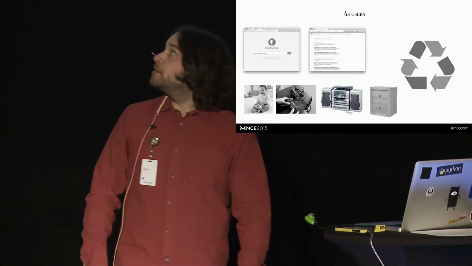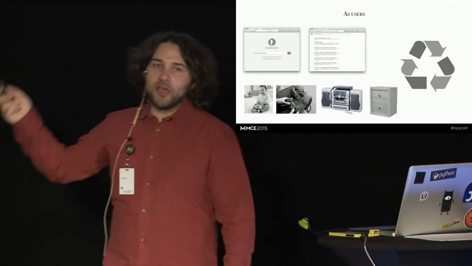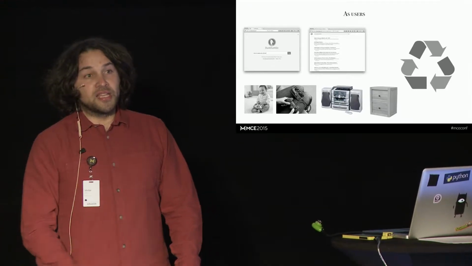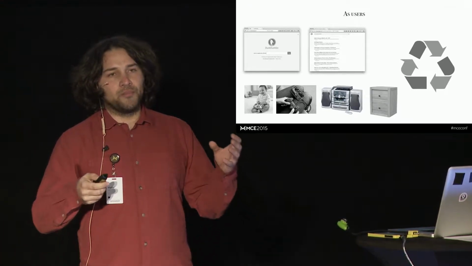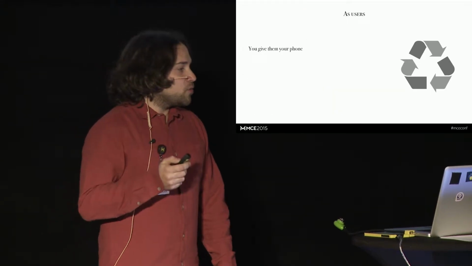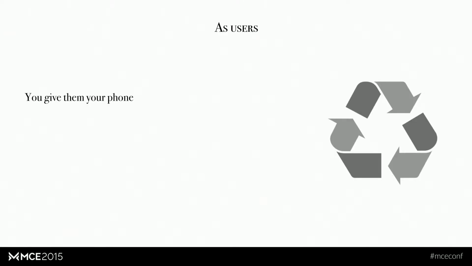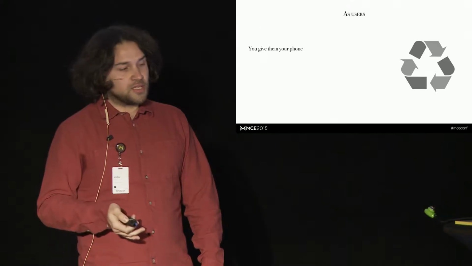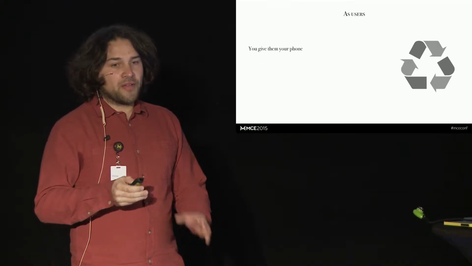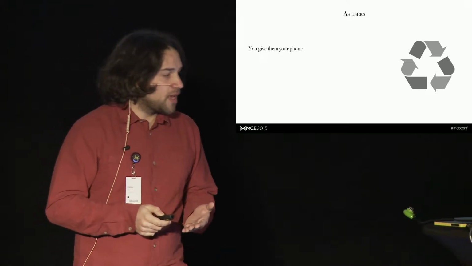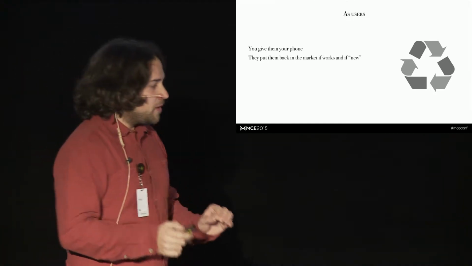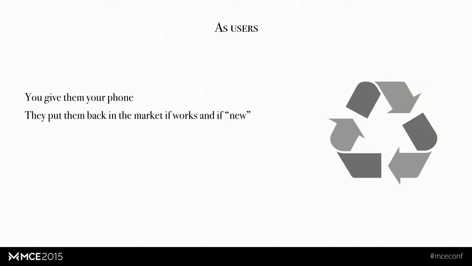The simplest thing is to take it to a company that takes care of my electronics. That's really funny, because I've checked many websites of companies that do this, and all of them have the same workflow. They always say, we get your phone, then we check if it works.